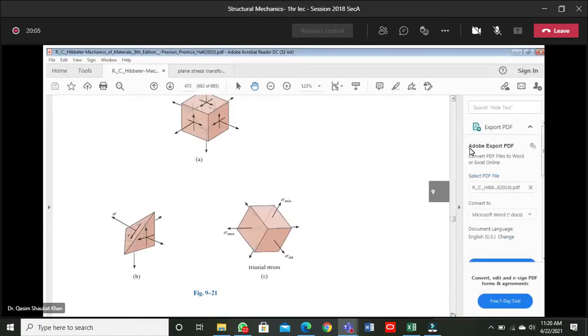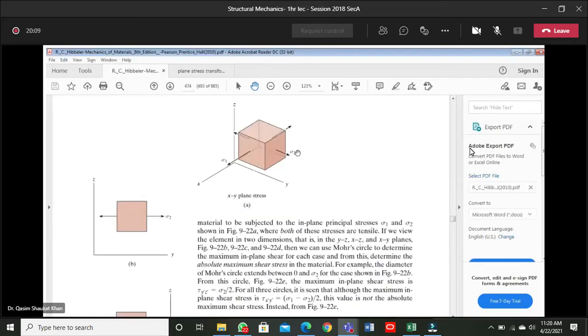You can see the sigma 2, it is acting along the y-axis. This is sigma 1, the major principal stress, acting along the x-axis. Then they have shown this in the form of biaxial planes. Z and y plane, and you can say there is only sigma 2 acting along the y-axis. There is no stress acting along the z-axis.